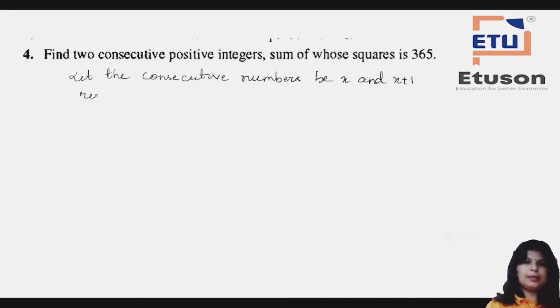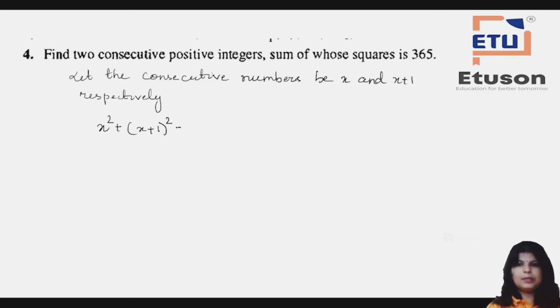Now if you take x and x plus 1, you have x square plus x plus 1 whole square is equal to 365. It implies, so let us solve it out. So you have x square plus 2x plus 1 is equal to 365.